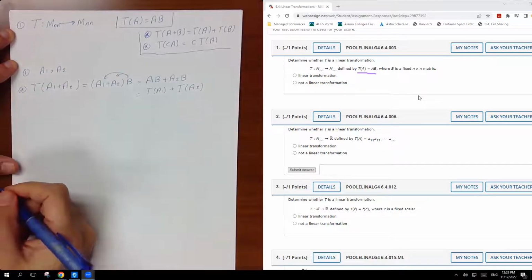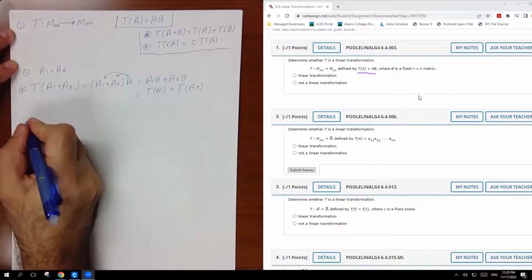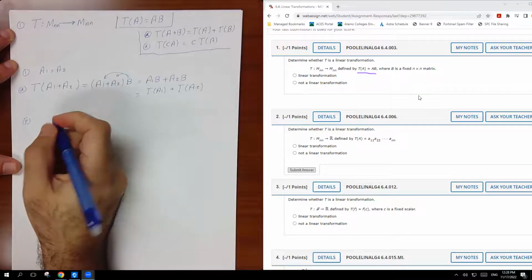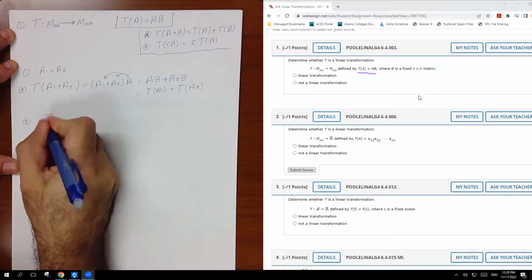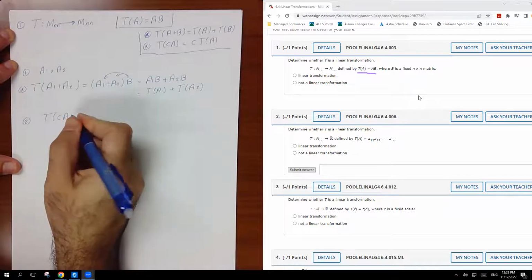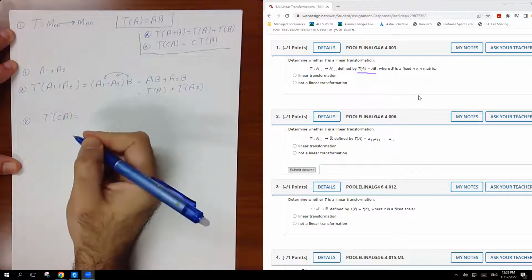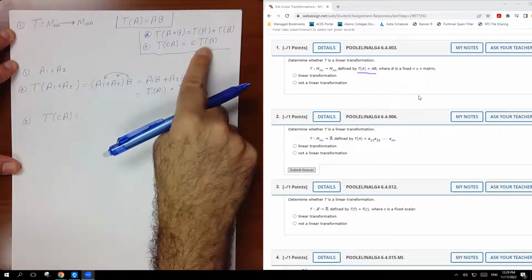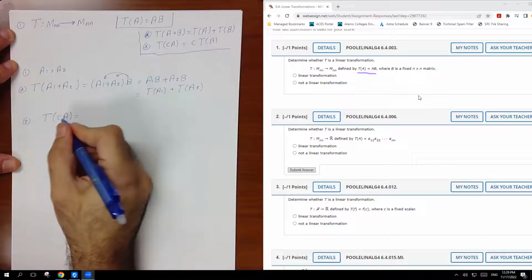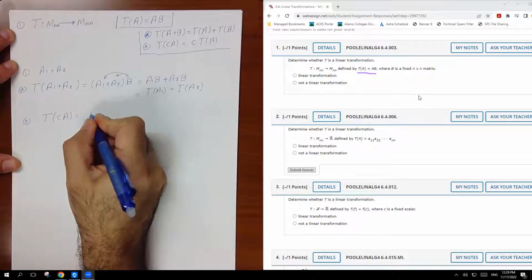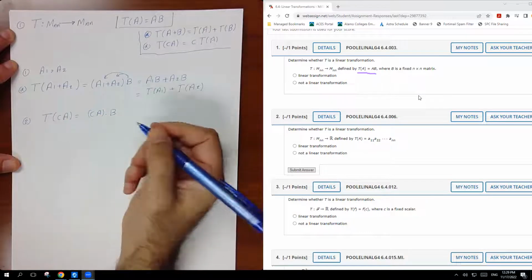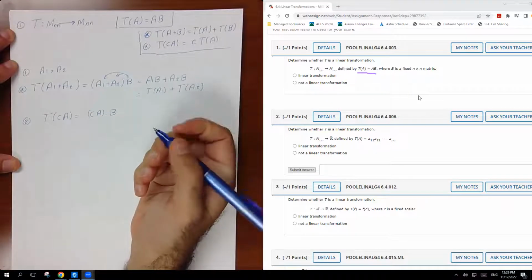Let's check the second condition. We're going to let C be a scalar. I need to prove the transformation of C times A equals C, the scalar, times the transformation of the matrix A. Now the transformation of this one is going to be C times A times the matrix B. Again, this is one of the matrix rules.